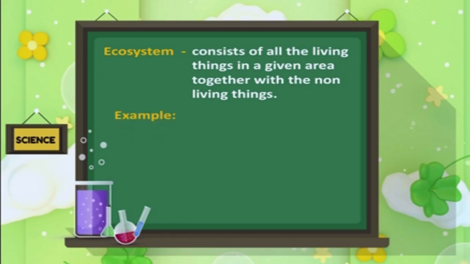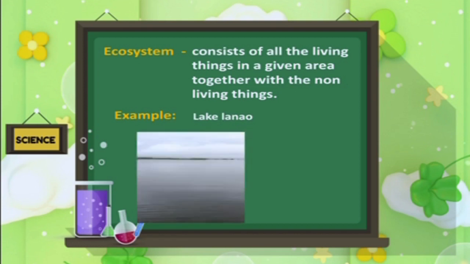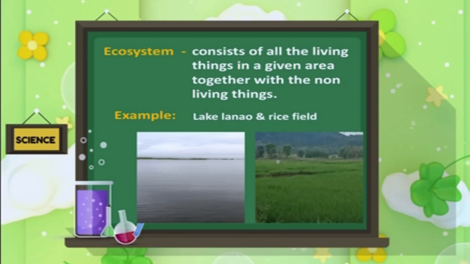For example, Lake Lanao again is an example of an ecosystem because it has living and non-living things present in this community of fishes. Same also with a rice field. There are living things or many populations living in the rice field like rice plants, worms, rats, snakes, and insects, and there are also non-living things needed by them to survive, like air, sunlight, and water.